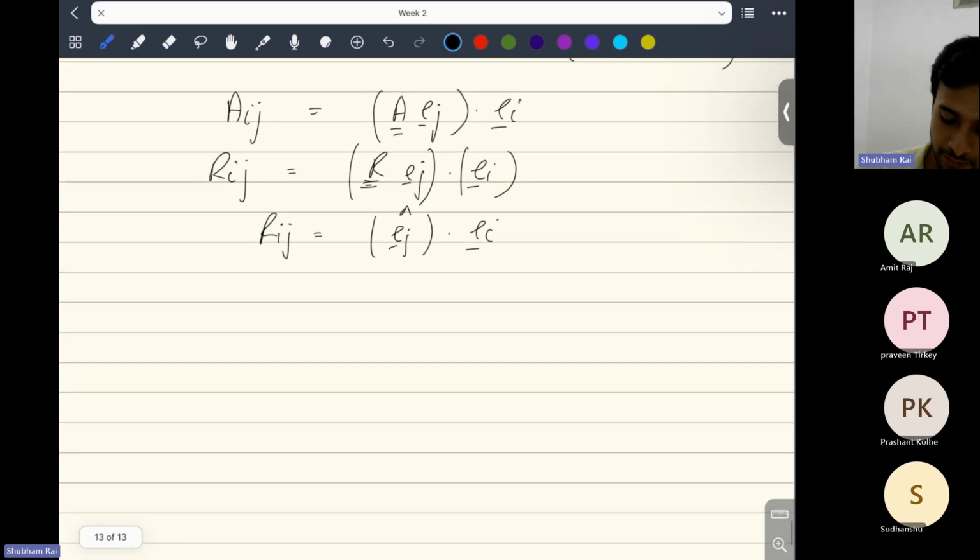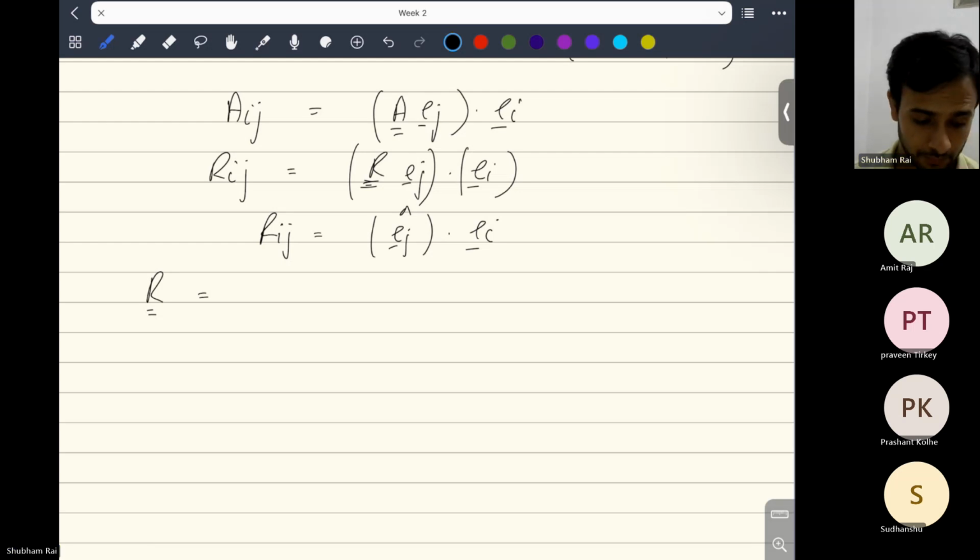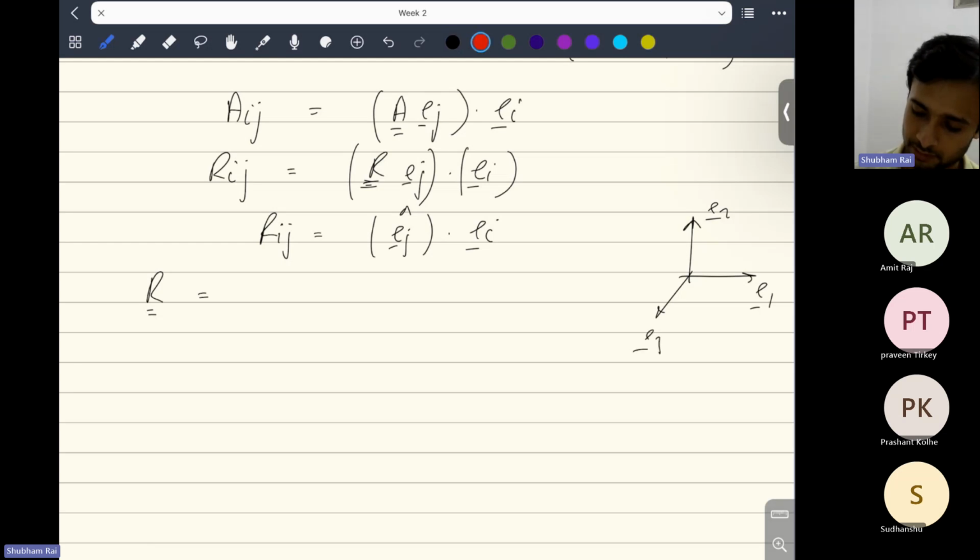So now let's try to find the rotation tensor R. We are rotating about the E2 axis. Let's say we have E1 here, E2 here, and E3 here, and we rotate it by this amount theta, so that we get the new E1 hat, E2 hat, E3 hat.